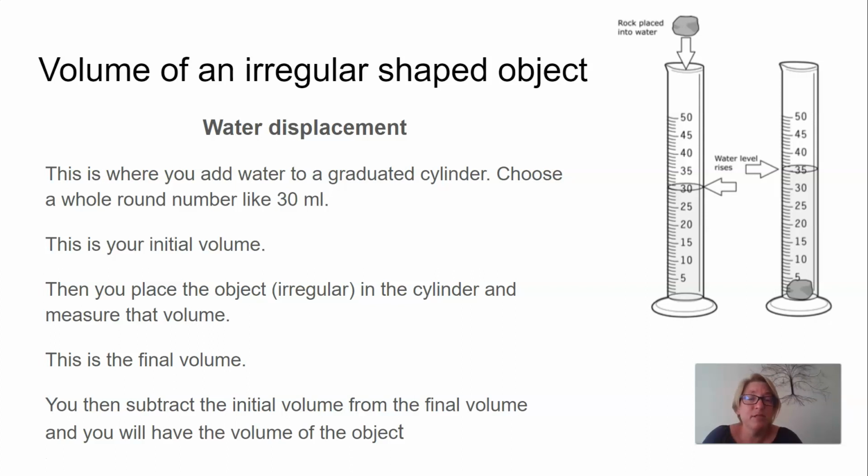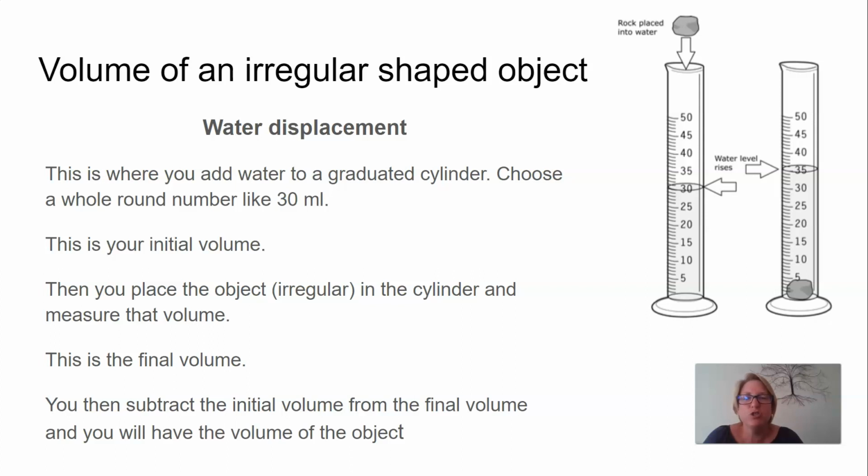Some are mils, some are centimeters cubed. And then you fill the graduated cylinder up to a certain amount. So pick an easy figure. So in this case, we've picked 30 milliliters. And then you need to record that as your initial volume.